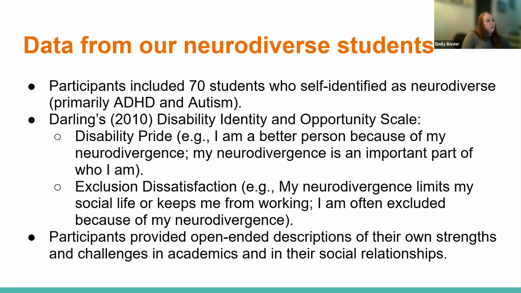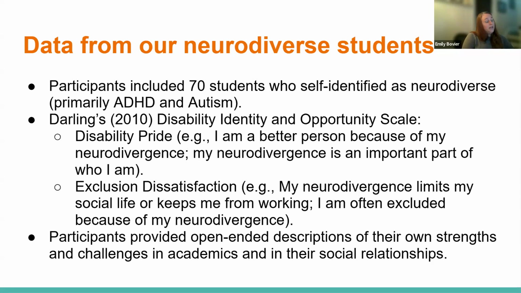Essentially, the language was changed so that instead of the term disability, it was neurodivergence. Some sample questions from the disability pride subscale are, I'm a better person because of my neurodivergence, or my neurodivergence is an important part of who I am. Items that loaded onto exclusion and dissatisfaction included things like my neurodivergence limits my social life or keeps me from working, or I'm often excluded because of my neurodivergence.